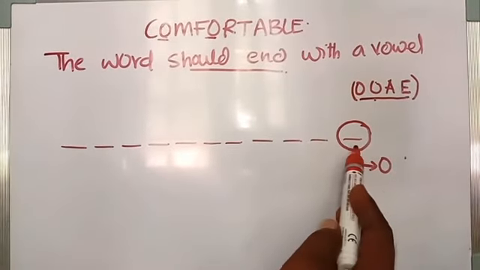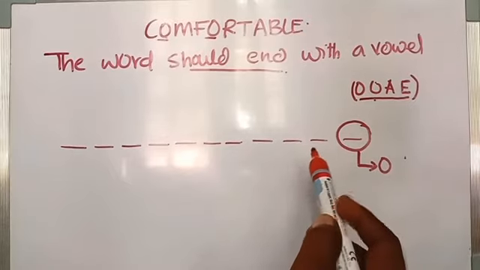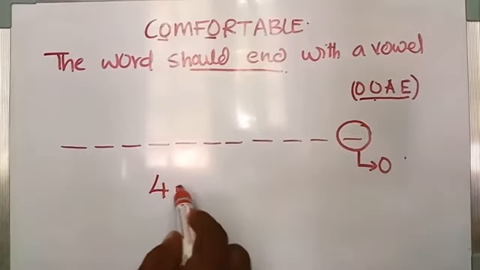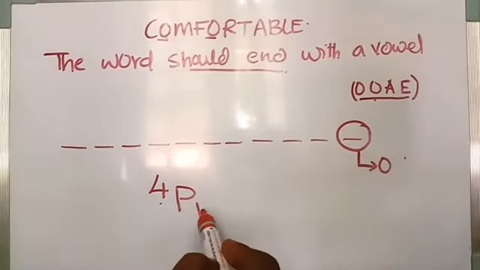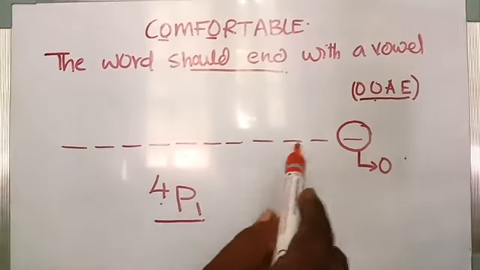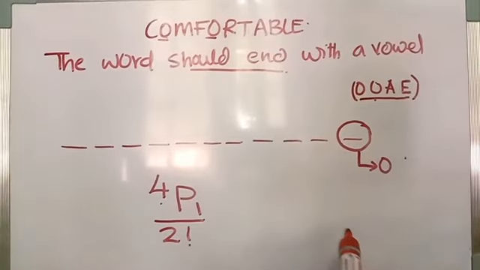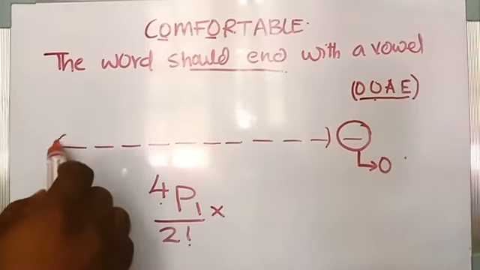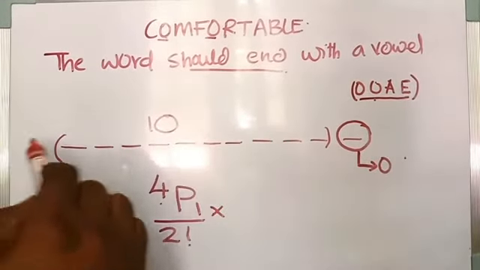So how many chances does the last place have? There are 4 chances. So it can be written as 4P1. There are 4 vowels and 1 to be filled. 4P1, but O repeats twice, so we can write it as divided by 2 factorial, into, now you see how many places are remaining. There are 10 places.